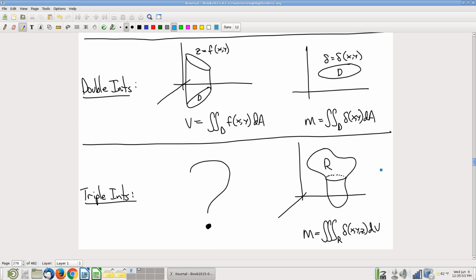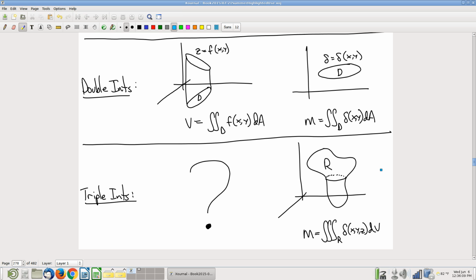So this is what I would like to propose should be your first intuition, your primary way to think about triple integrals. What is that triple integral? What image should you have in your mind when you think triple integral? This picture.